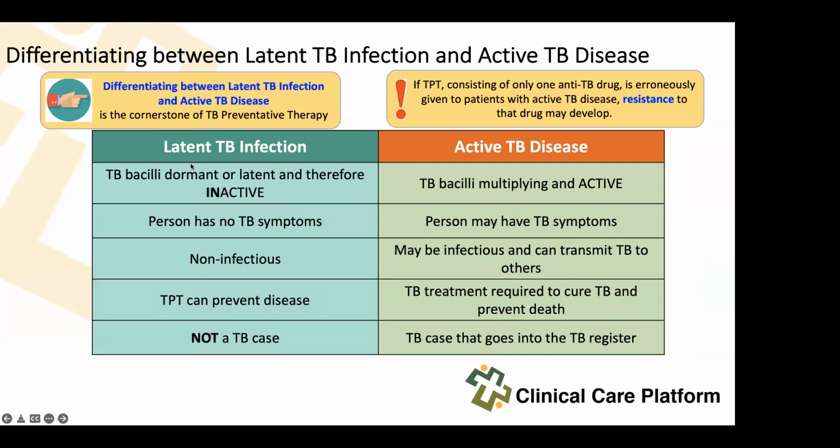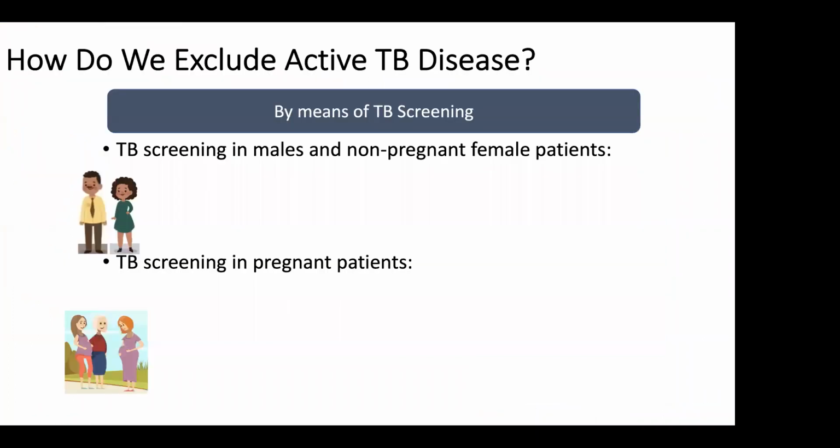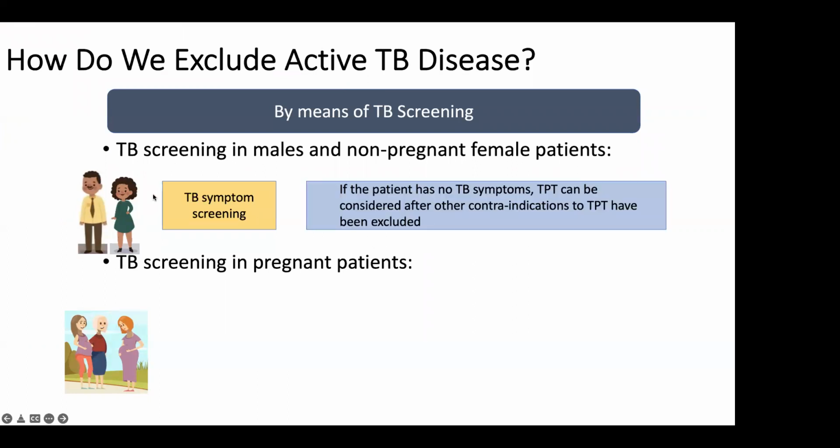However, our patients whom we have screened and they are not coughing, no loss of weight, no night sweats, are generally non-infectious, and they can actually be treated with TB preventative treatment. So we must be able to differentiate between these two groups. So how do we exclude active TB? Like I said, by using TB screening, but you'll see that for some patient populations, there are additional assessments that we need to do.